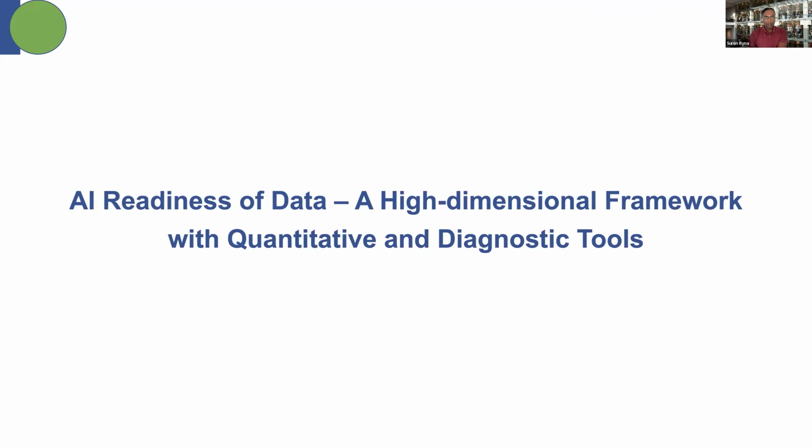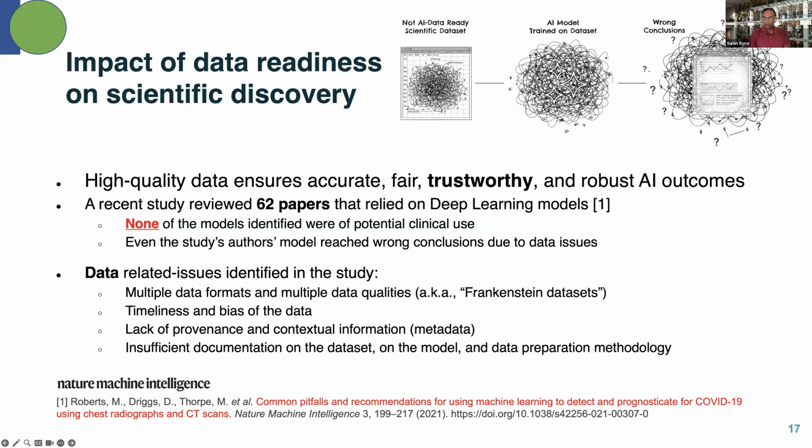Okay. And the other piece is the AI data readiness. As we were looking at how bad data gives bad AI models, there was a survey that was very motivating, which looked at some 60 papers that talked about deep learning models based on the COVID data.